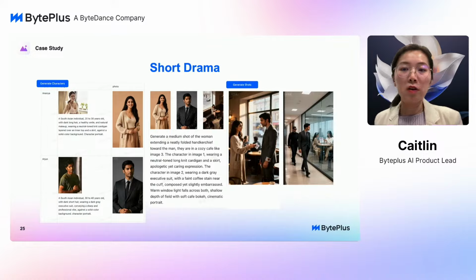For example, multiple persons appearing in the same image with different perspectives and locations, right? The model is able to handle it accurately, and the perspectives and the proportions of the person versus the environment are also more acceptable and realistic. So it makes a very usable solution for short dramas and the media industries.